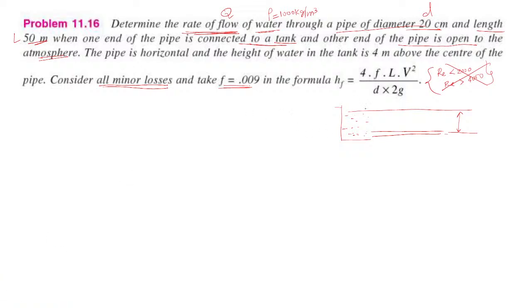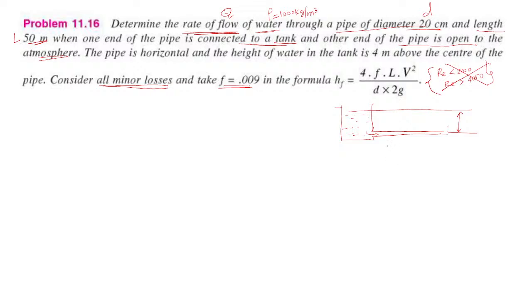That's very important to draw in the figure. Water is going this way. This is a pipe, one end is connected with the tank, one end is free to the atmosphere.